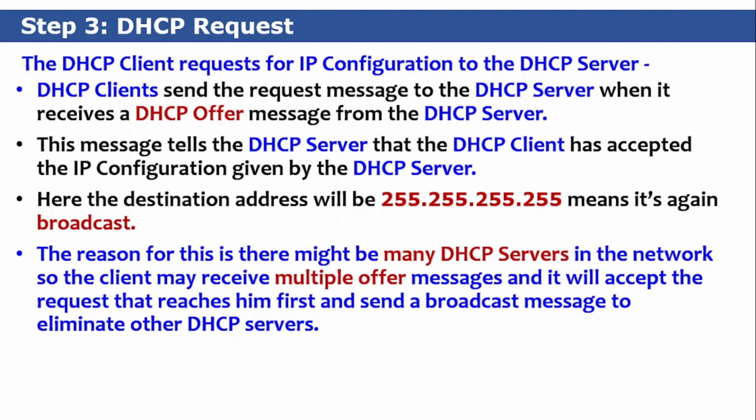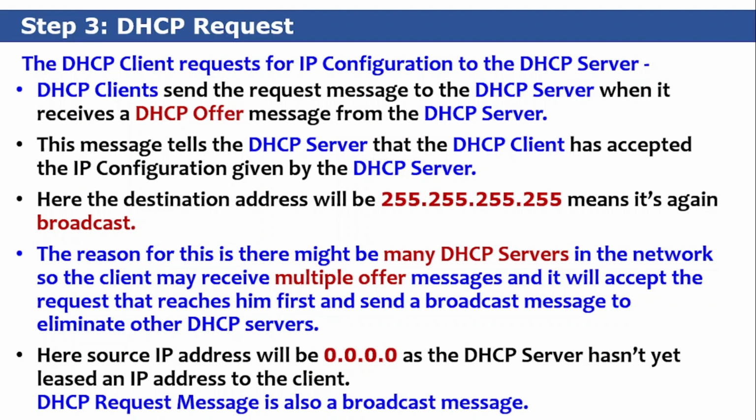It starts broadcasting. It will receive 3 offers. So it's a first come first serve basis. Whatever offer it receives first, it will accept it and it will reject the other 2 offers. This is how the DHCP client is configured to work.